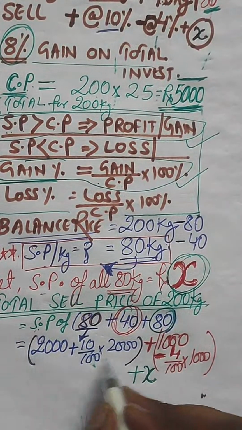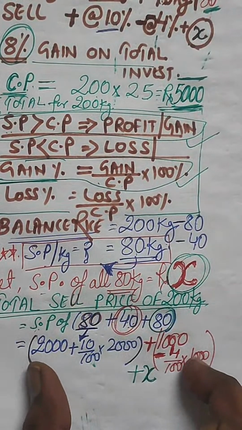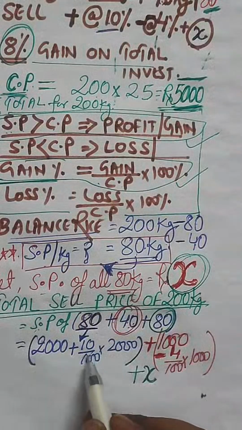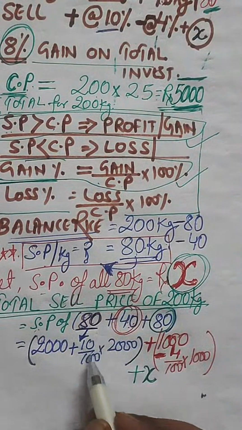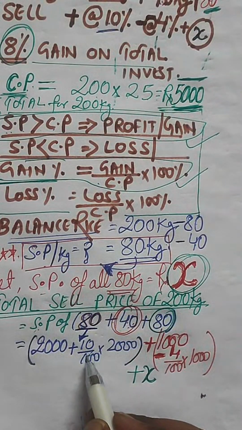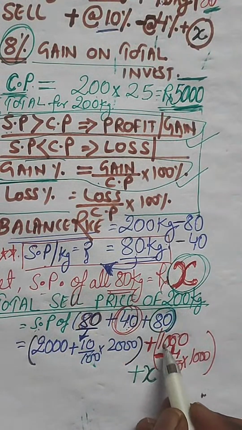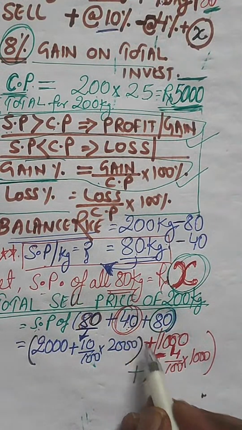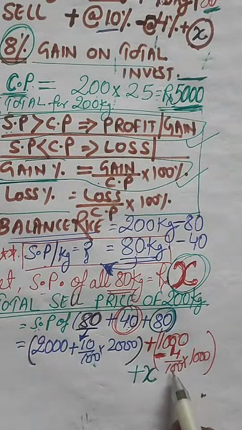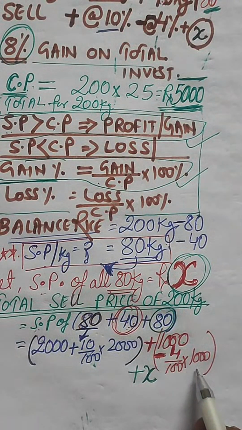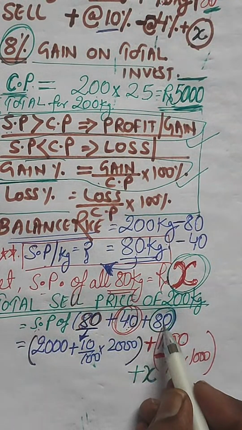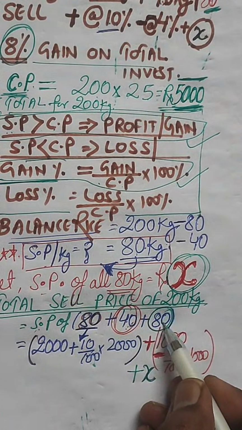So the total sale price will be this much. This is the sale price of 80 kg with making a 10% profit, and this is the sale price of 40 kg with making a loss of 4%, and for the balance 80 kg we need to calculate.